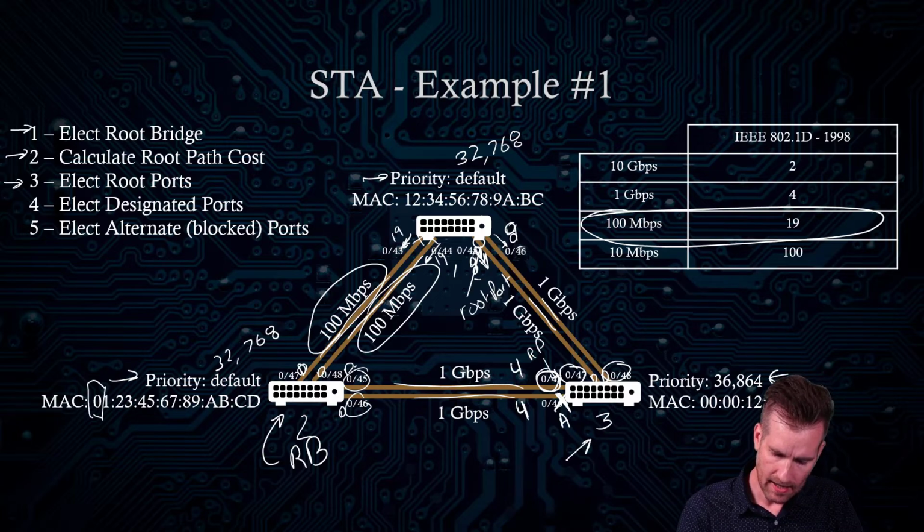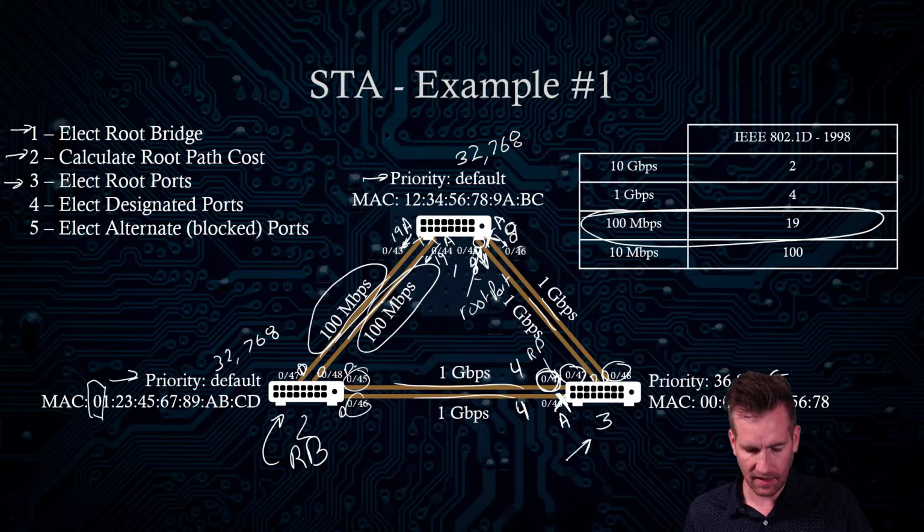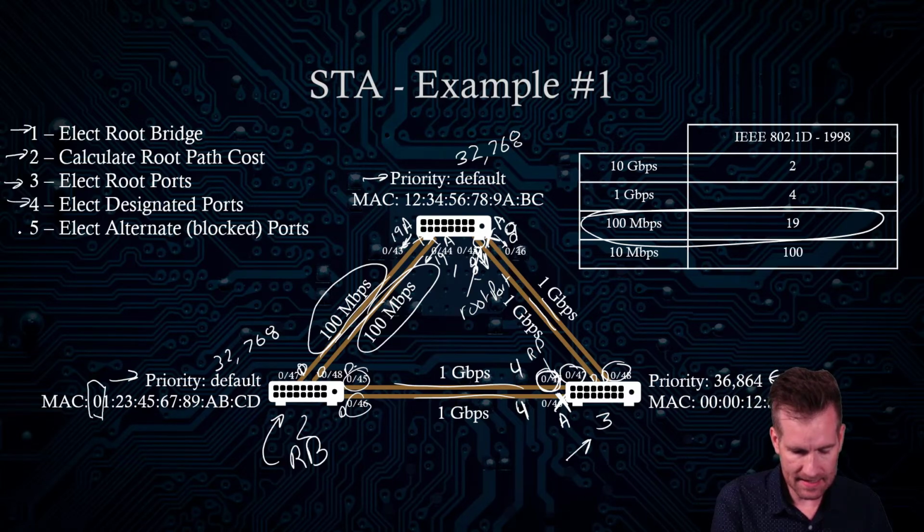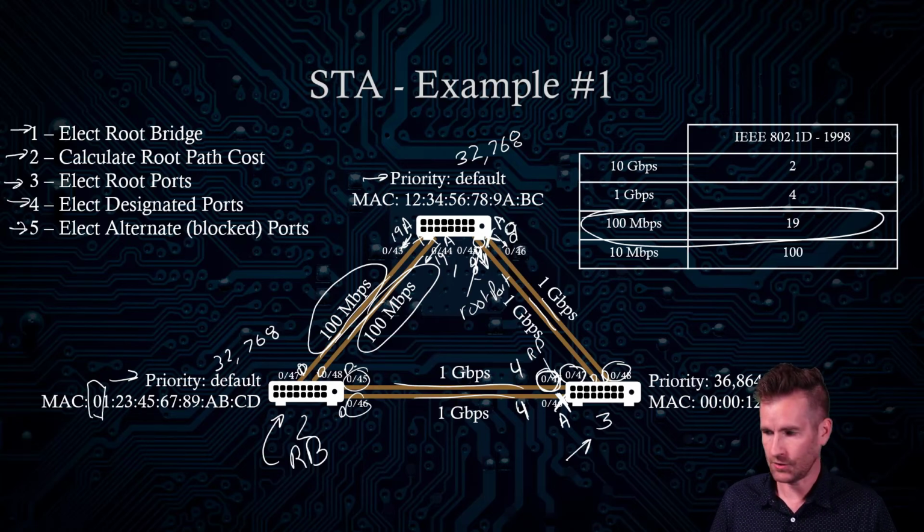So then on switch 1, we can see that 046 is going to be the alternate. So we'll mark that as A, and then also 43 and 44 are redundant links also, so we need to make both those alternates. So there we have it. Now we have elected the designated ports and elected the alternate ports, and we have finished this problem.